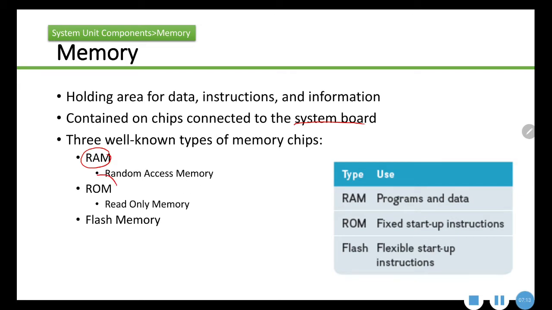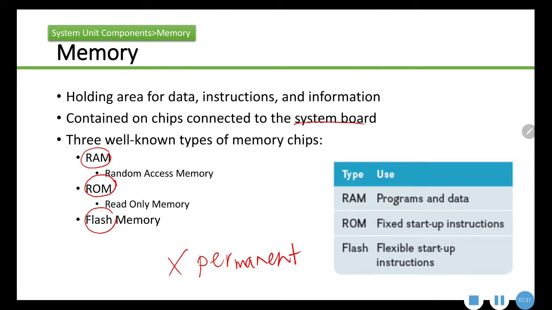And then we have ROM. ROM is read-only memory. And then we also have flash memory. RAM, ROM, and flash memory are not permanent, they can be lost. RAM is used to store programs and data.